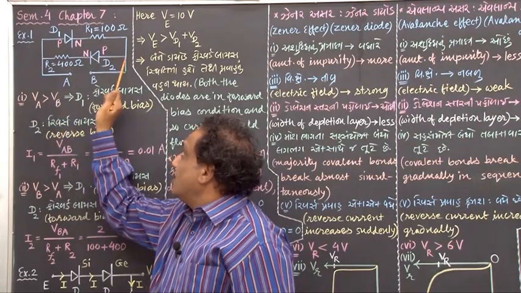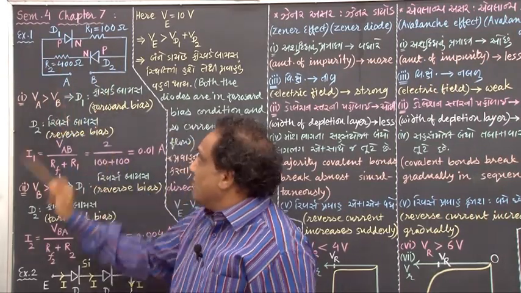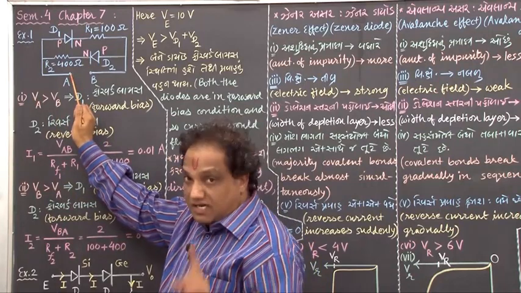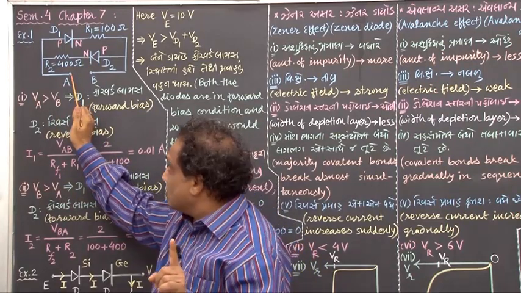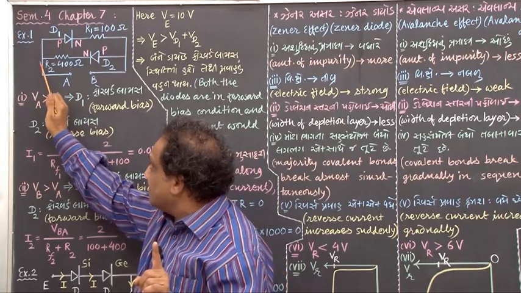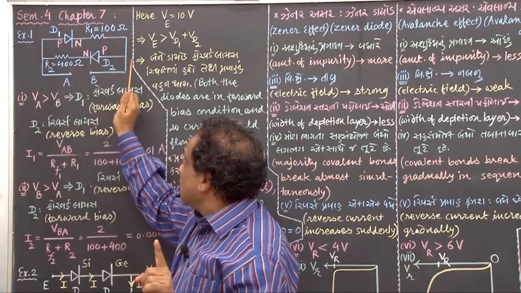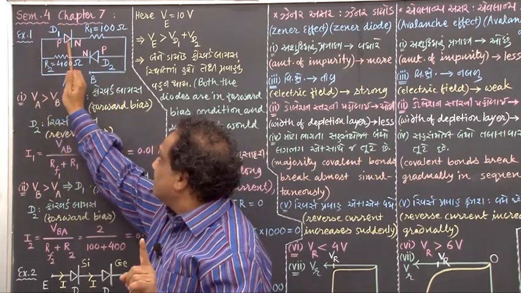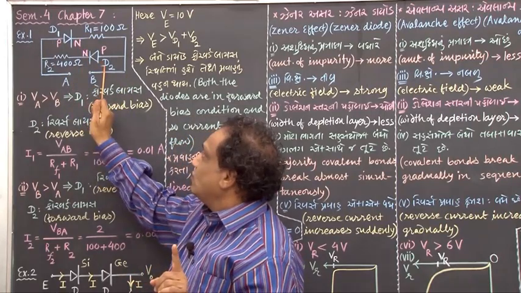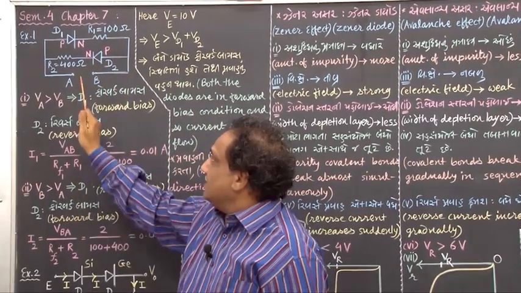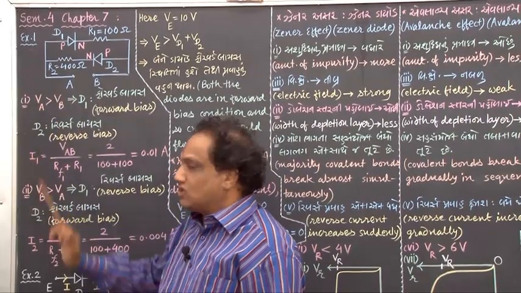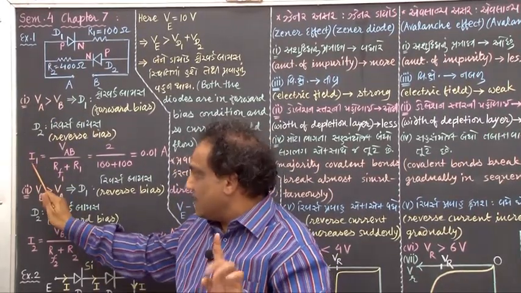At present, no current flows through this branch. Then whatever current starts from the battery positive terminal, that current will flow this way. That current will flow through D1 only, fine. It will not flow through D2, correct? And that current flowing in the first case through the battery, I am taking as I1.